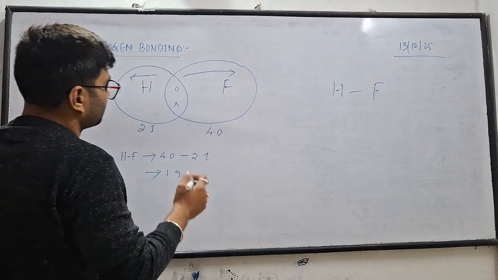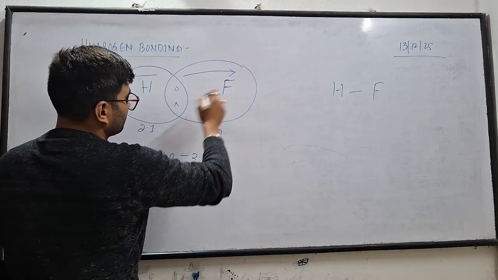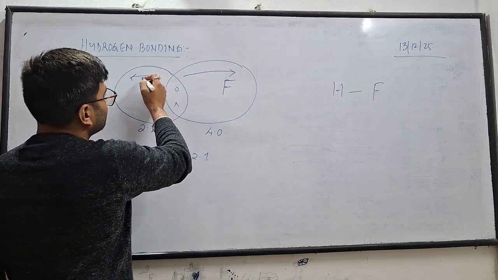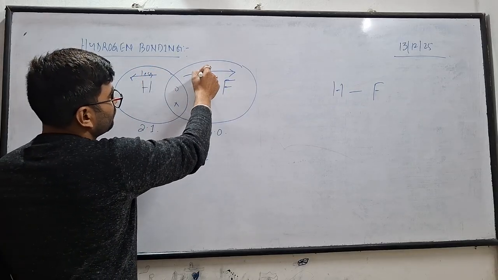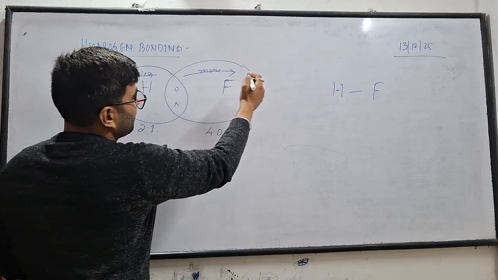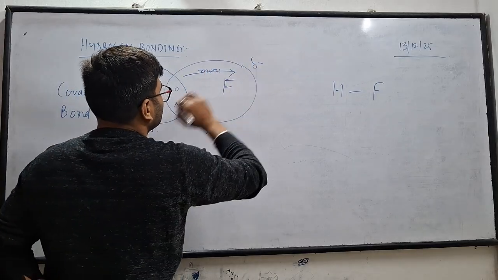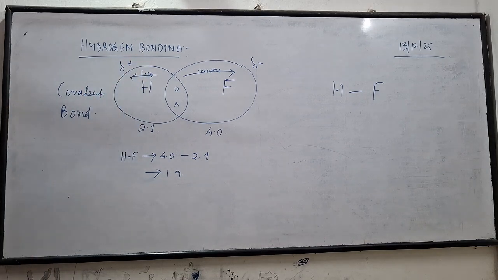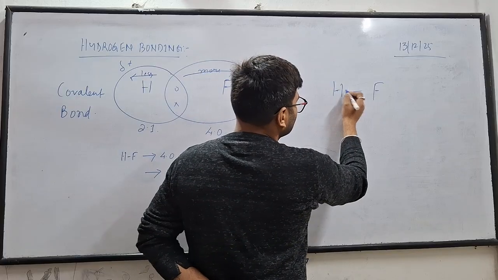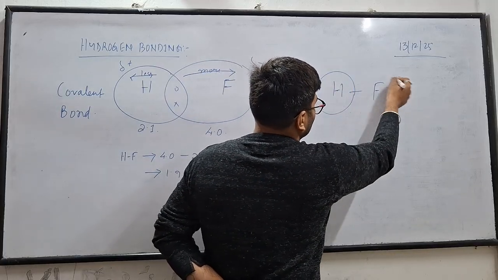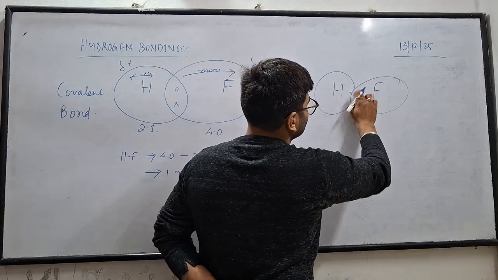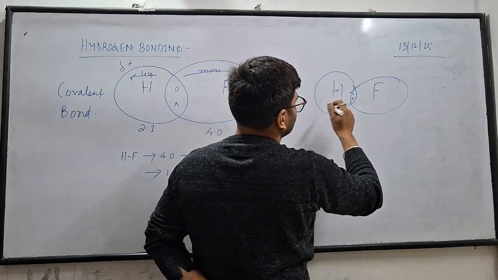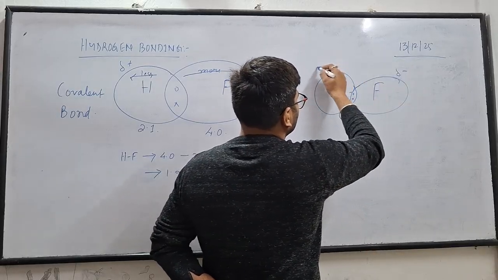But before that, I can say that since fluorine is more electronegative and has most force towards it, and hydrogen is less, it tells that there would be a delta negative here and here would be a delta positive symbol. Similarly, in this molecule also, there will be a negative and there will be a positive.